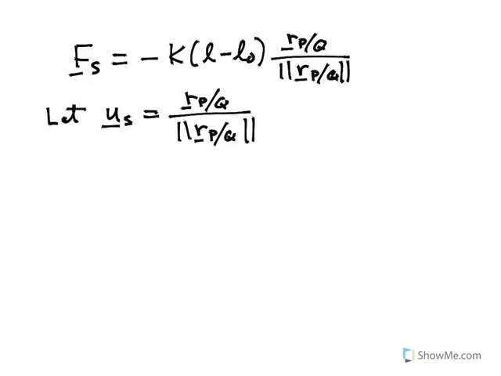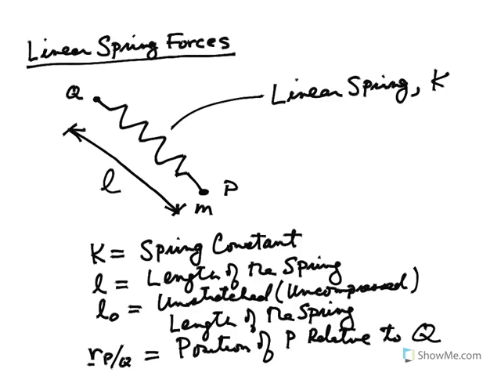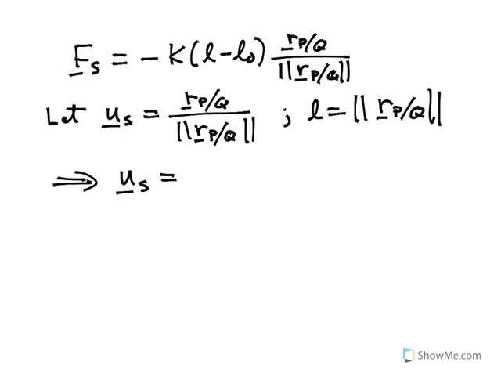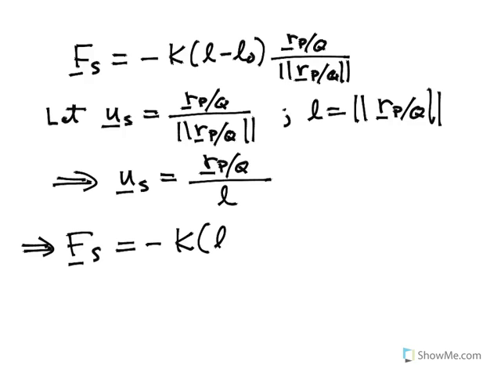Now, if you look back at the diagram, you can see that the length of the spring is actually equal to the magnitude of the position of P relative to Q, which gives that US is equal to the position of P relative to Q, all divided by L. From which I can then write that the spring force can be written as minus K times (L minus L naught) times US, where US is the vector that I defined, which is the unit vector along QP.